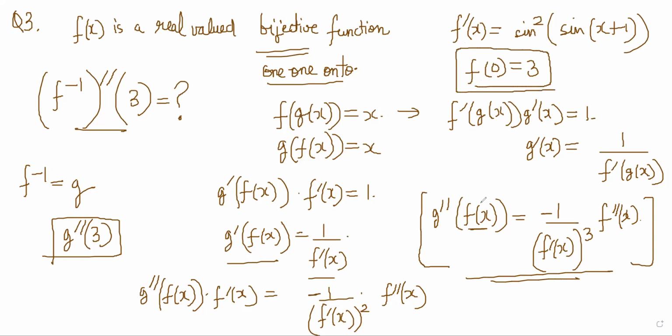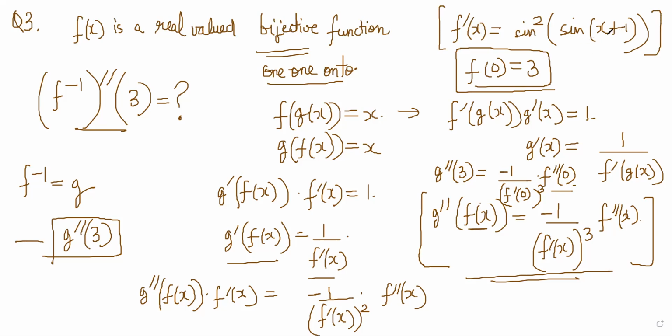You put x is equal to 0 here, and then you will get g double dash 3 directly. So g double dash 3 is equal to minus 1 by f dash 0 whole cube, multiplied by f double dash 0. We can find both of these things. F dash 0 whole cube you'll get directly. Differentiate once more to get f double dash x and then put 0.